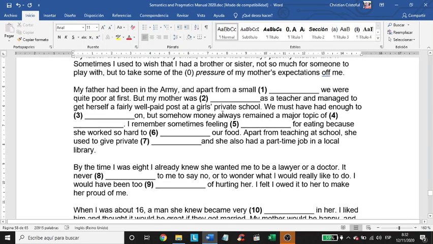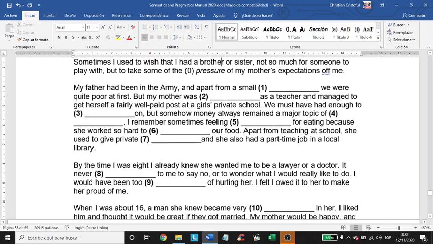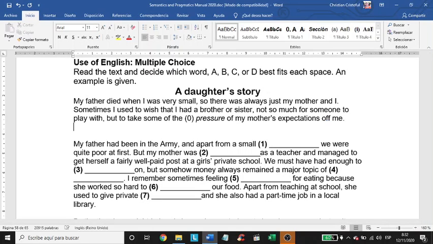Okay, so again, which are the options? Tension, pressure, demand, or pain. Okay, the word that fits there is pressure. So "to take some of the pressure" or "to take the pressure off someone" is an English expression. And this is studied by pragmatics. To take the pressure off someone.